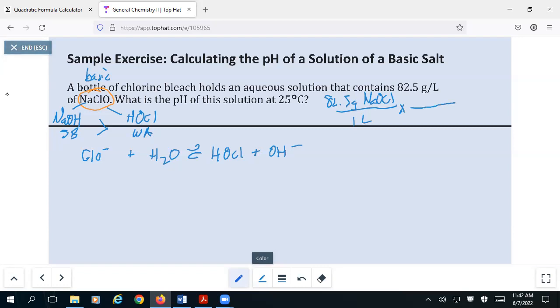Molar mass of sodium hypochlorite is 22.99 for the sodium, 16 for the oxygen, 35.45 for the chlorine. So 74.44 grams in 1 mole. So 82.5 divided by 74.44 would give a concentration of 1.11 molar.